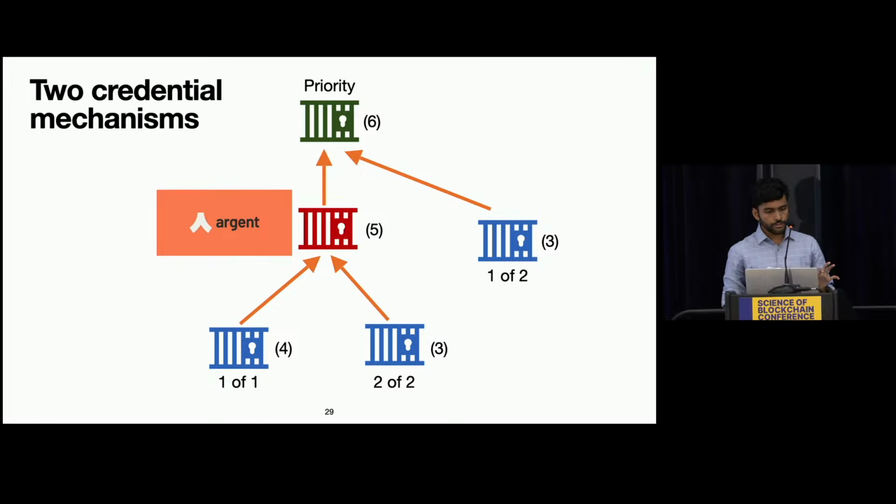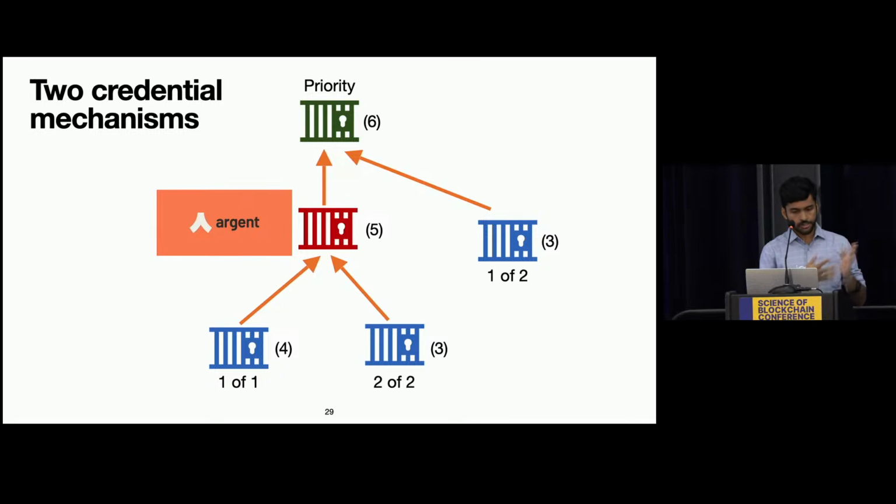As far as the 2-credential mechanisms are concerned, this is how the map of all the mechanisms we've analyzed looks. So the 1 out of 1, and I've already talked about the OR mechanism, which is the 1 of 2 mechanism, the AND mechanism, the 2 out of 2 mechanism, and the single key mechanism before.